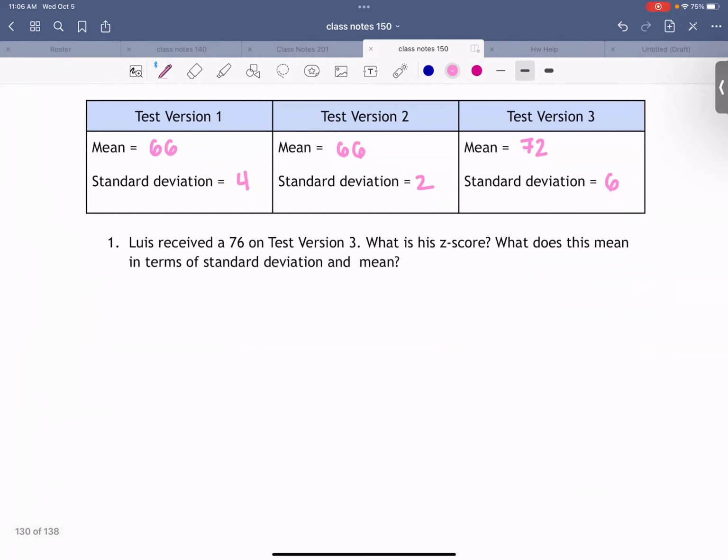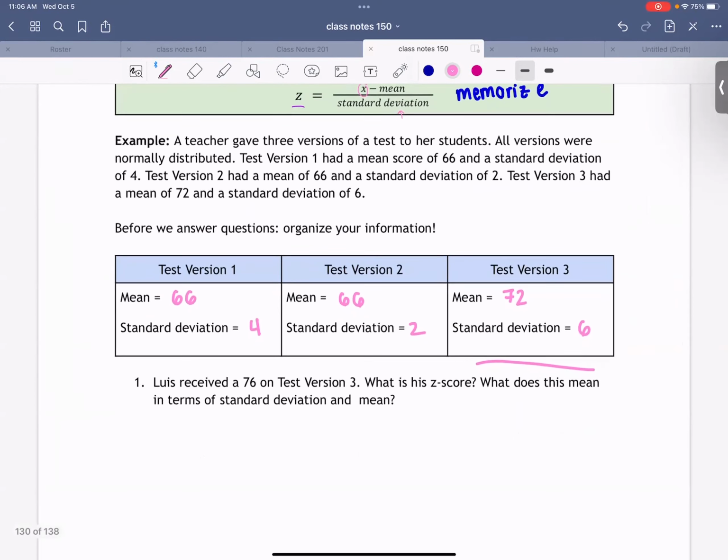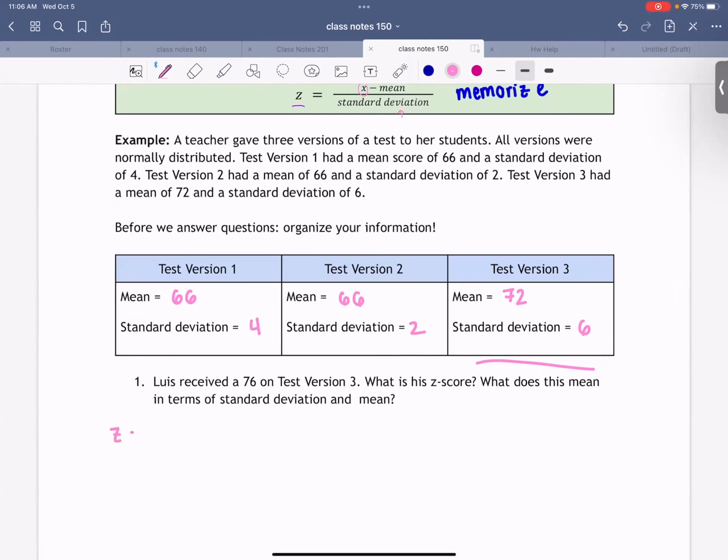We have Lewis, and he received a 76 on test version 3. So we're focusing on the right sort of data, right? I want to know his z-score. So I'm going to write the equation down: z equals x minus mean over standard deviation.